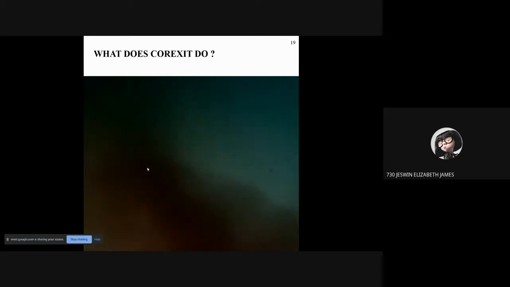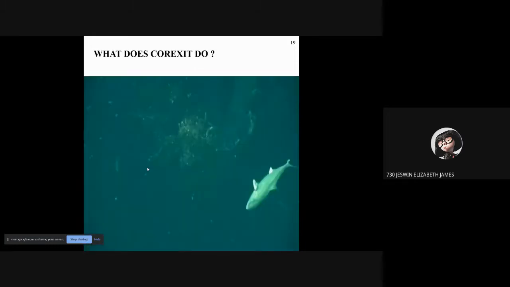This is invisible to the naked eye, because during the first month of the explosion, the oil would be seen on the surface of the water. However, they deployed Corexit, which broke down the oil into tiny globules, and they dispersed it inside the ocean bed so that nothing is visible on the surface. And when people see the ocean, it looks very clean, right?